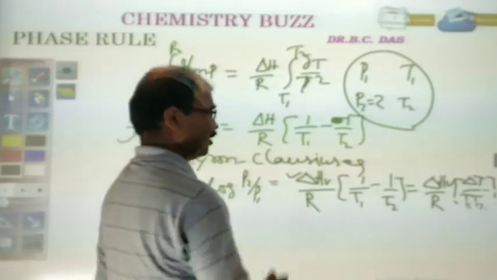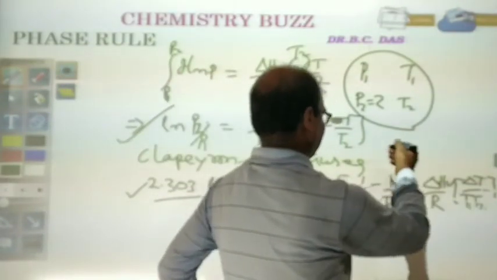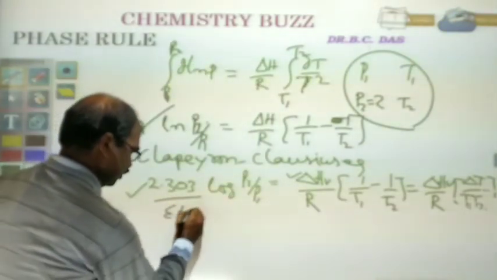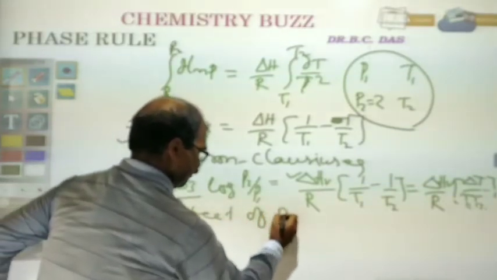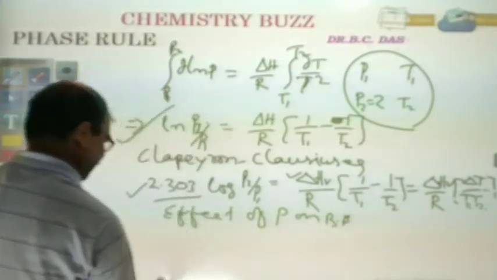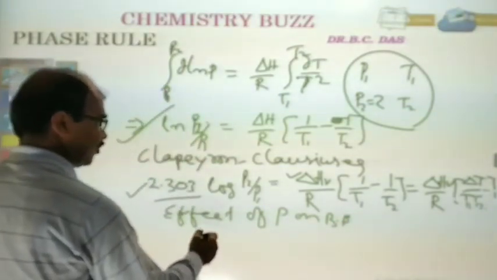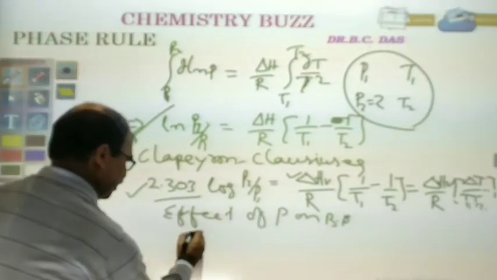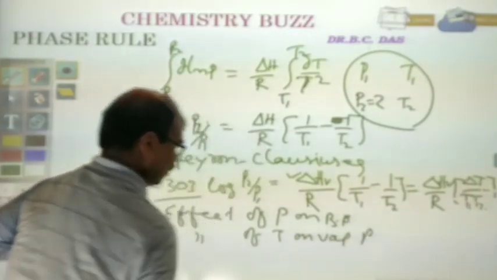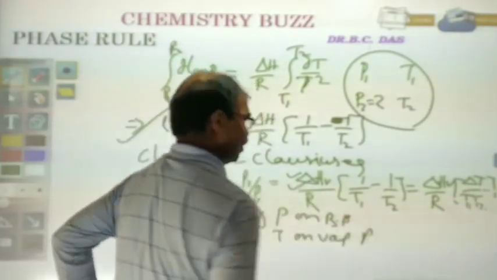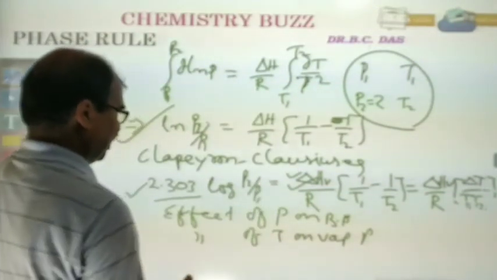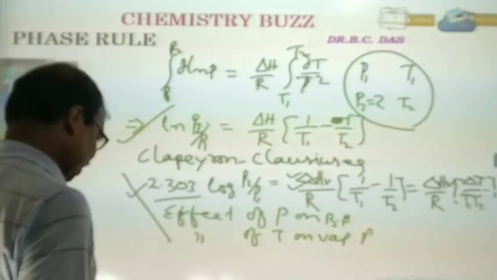Also, this is applied to study the effect of pressure on boiling point, the effect of temperature on vapor pressure, and also the calculation of heat of vaporization. Okay. So these are the applications of the Clapeyron Clausius equation.